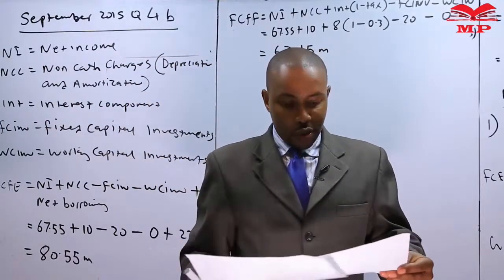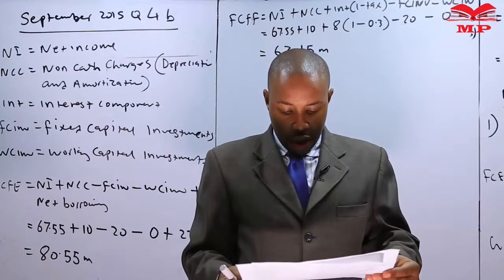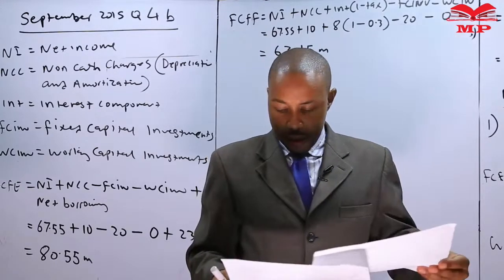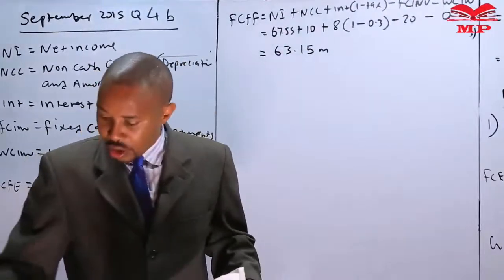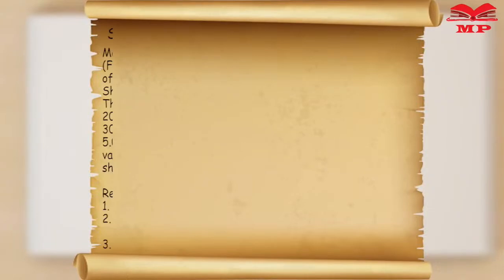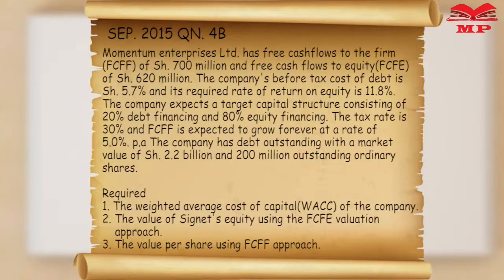Our final question this session is to look at November 2016 question 3C. It reads as follows. Momentum Enterprises Limited has a free cash flow to firm of 700 million and a free cash flow to equity, FCFE, of 620 million.